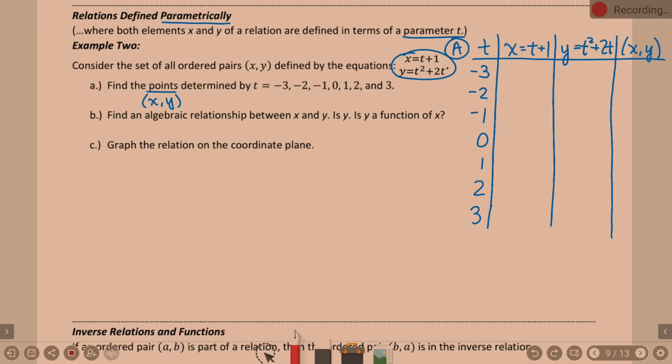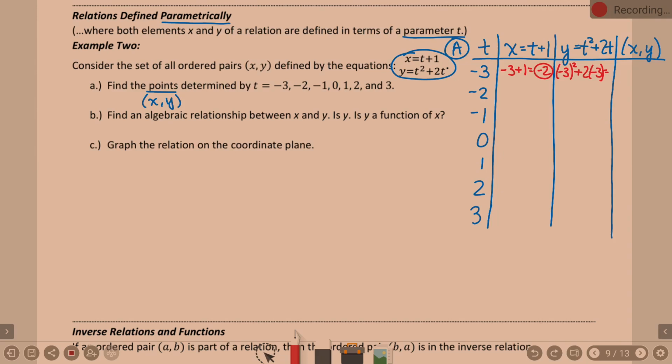Okay, so what do we know when t is -3? What do we know about x? -2. Because -3 plus 1 is -2. Okay? What do we know about y? I'm not going to show the work for all of these.